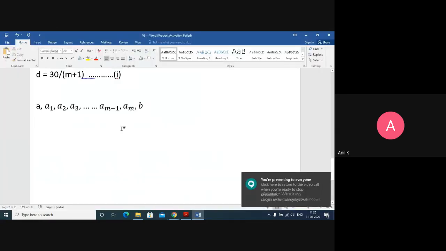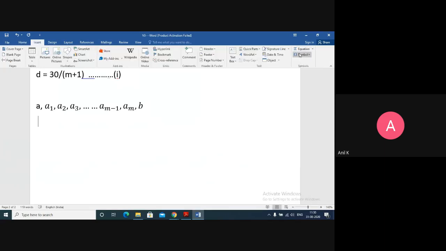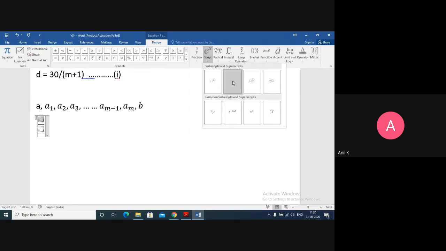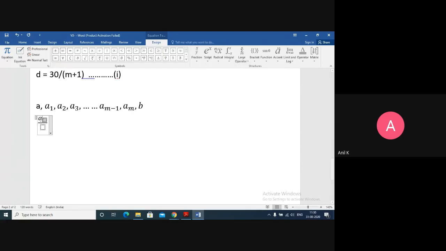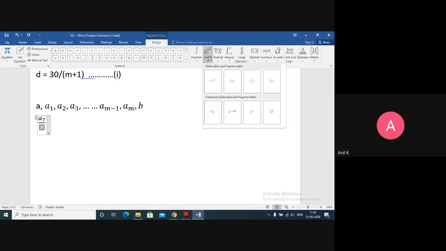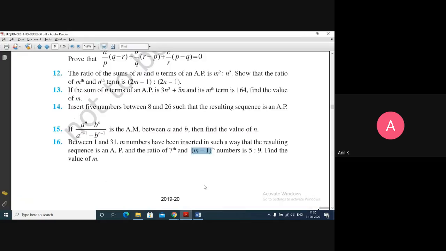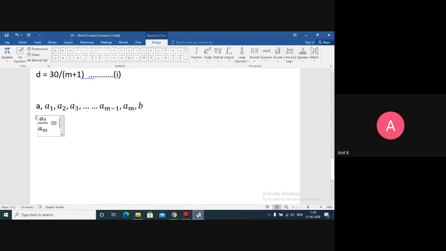Okay. Here it is given as a ratio of the 7th term, that is a7, upon, so I am writing the mth term from the starting, a m. What is the ratio they have given? They have given the ratio as 5 upon 9.